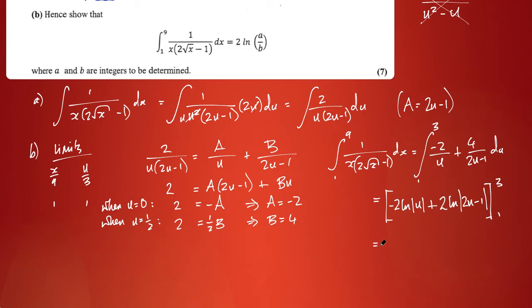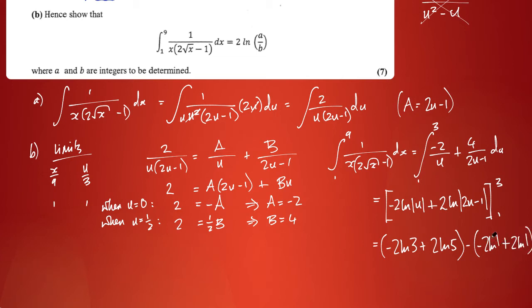So when u is 3, I've got minus 2 ln 3 plus 2 ln(2 times 3, which is 6, minus 1), which is 2 ln 5. Minus, when u is 1, minus 2 ln 1 plus, I'll put that in the brackets with it, 2 ln(2 minus 1 is 1), plus 2 ln 1.